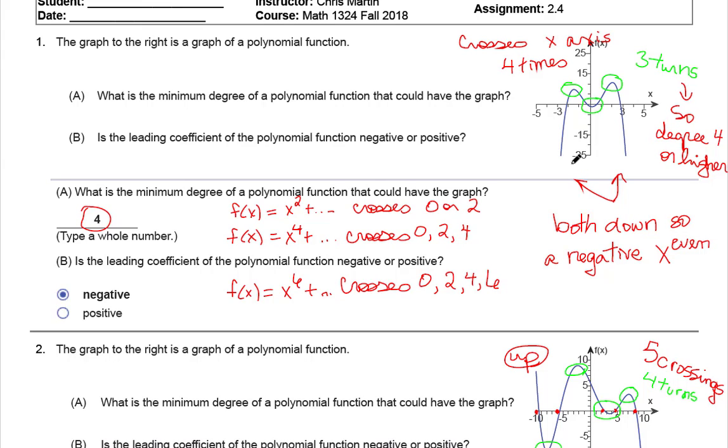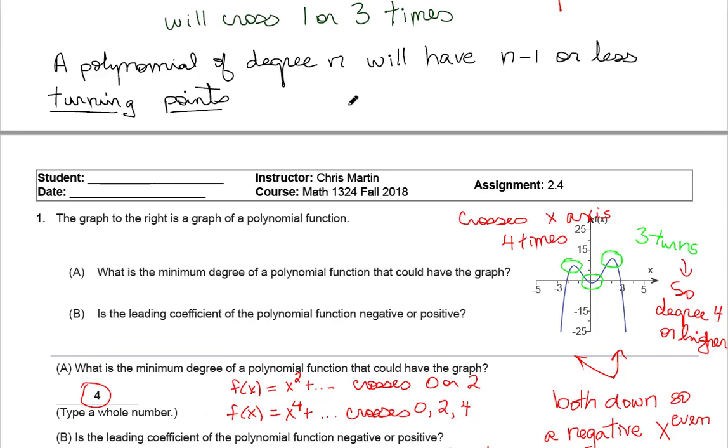Okay, so if I've got 3 turns, how do we calculate these turns again? A polynomial of degree n will have n minus 1 or less turns. So if we have 3 turns, n minus 1 is 3, that means that the smallest degree where this could happen would be a 4.